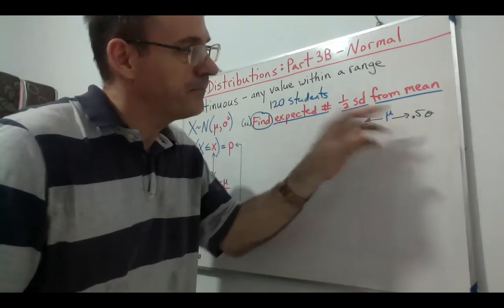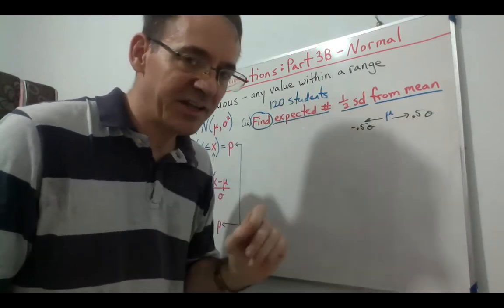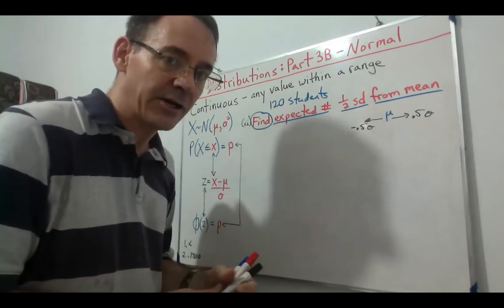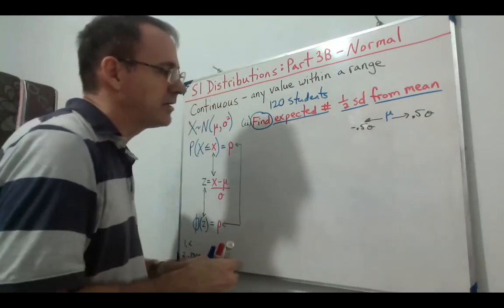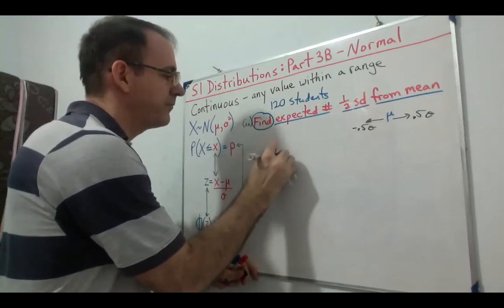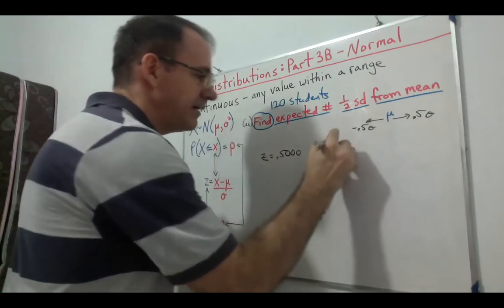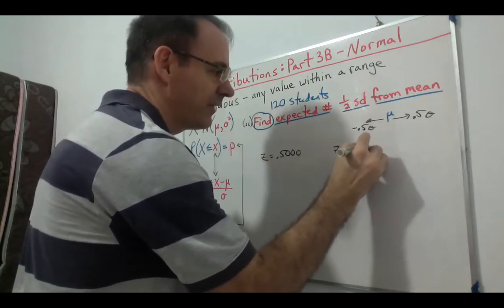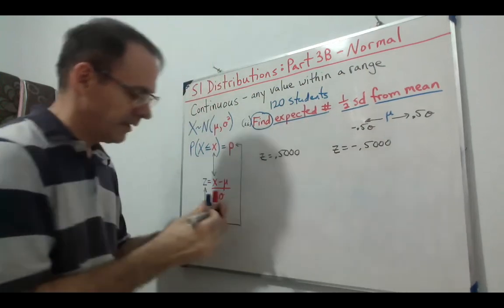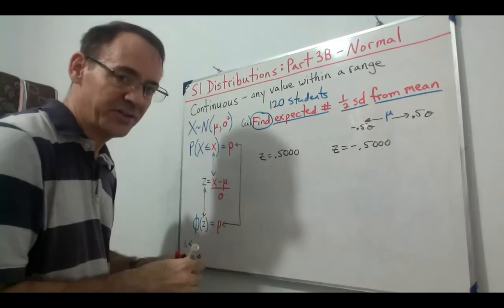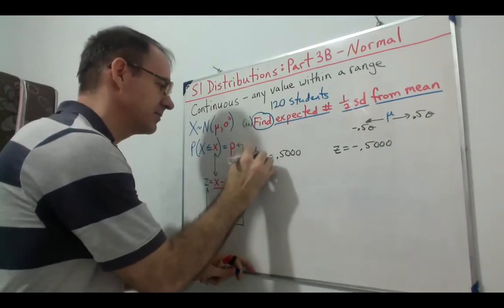This isn't the deviation itself. It's a 0.5 standard deviation, means on our normal scale. So our z equals 0.5000, and our z also equals a negative 0.5000. So what we just need to do is enter this into our phi z chart.